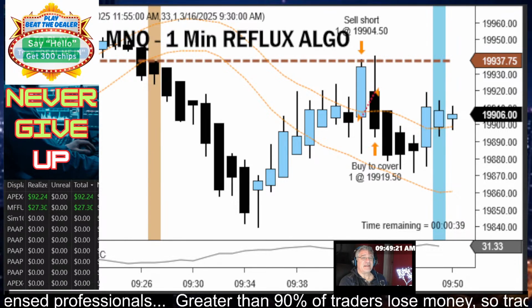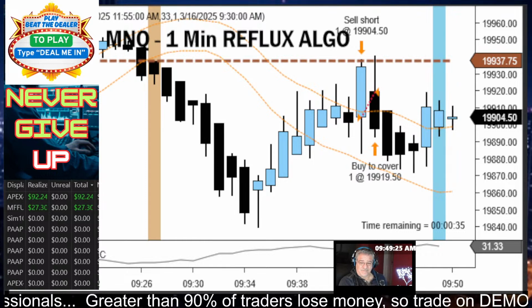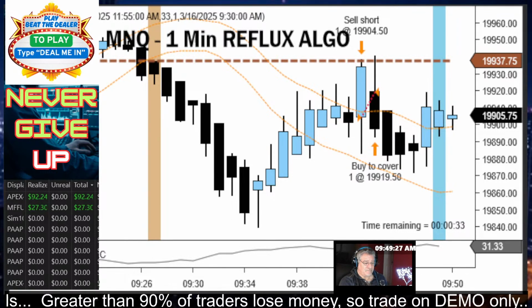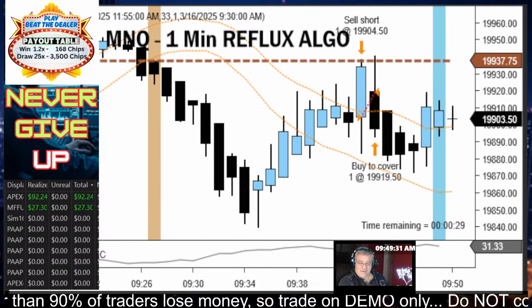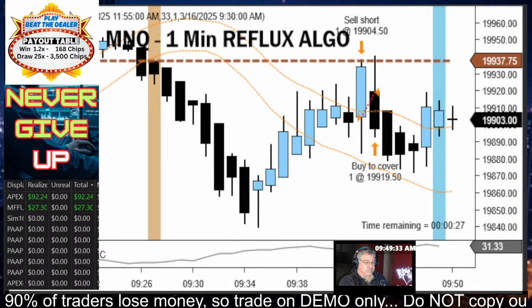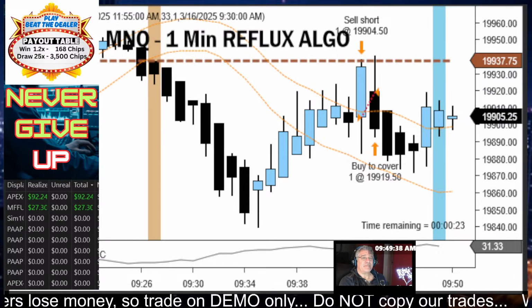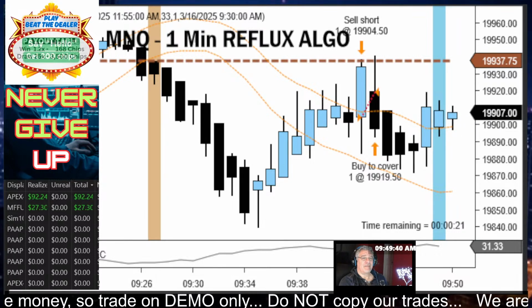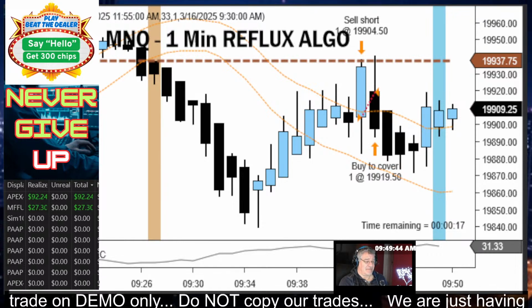That could be a catalyst for a run, or it can be a catalyst for a fake out. Let's see what we can do on VWAP here. I'm excited we can do it.